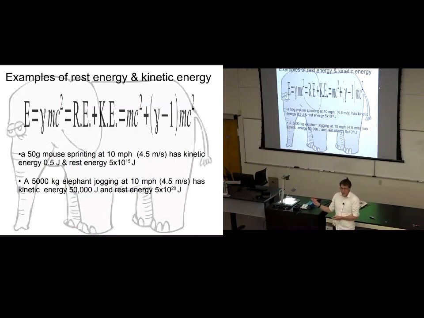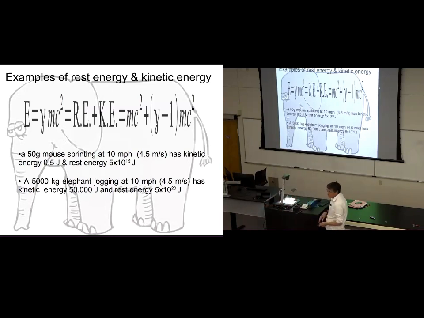That's a little amount of energy. We've worked with joules before. The rest energy of a 50-gram mouse, whether it's going at 10 miles an hour or not, is 5 times 10 to the 15 joules. That mouse is a massive store of rest energy. It has negligible kinetic energy at 10 miles an hour, but ultimately huge rest energy.